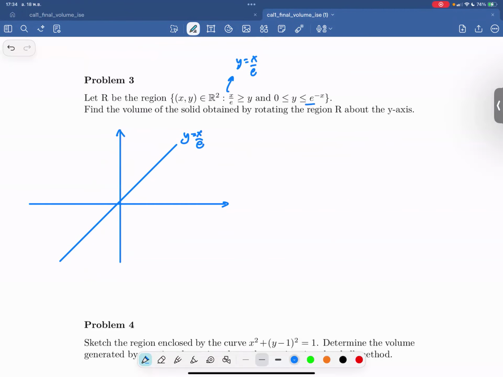And next, I will first draw the boundary. The boundary is the exponential function with the base 1 over e. So it's a decreasing function, and the y-intercept is (0, 1), and then it may look like this.